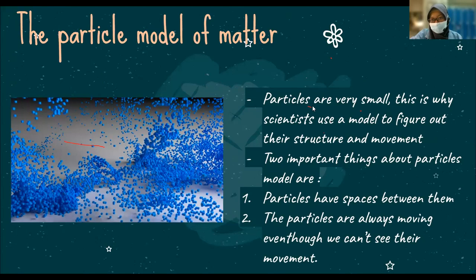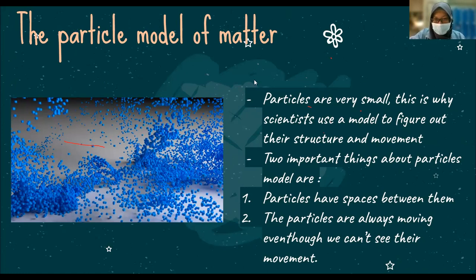Particles are very small. This is why scientists use a model to figure out their structure and movement. Two important things about particles are that particles have spaces between them. They don't completely stick to each other, but there are spaces between them. And the particles are always moving even though we can't see their movement.